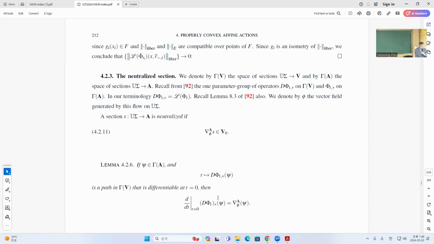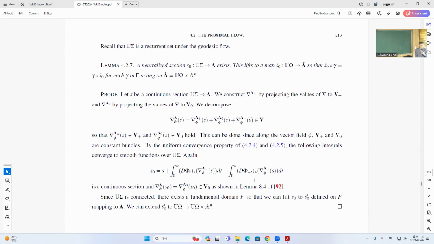This is the flat connection we introduced, and this is just differentiating phi along this BB. Any path you can just pull back, and then you take the differential. That is the connection.